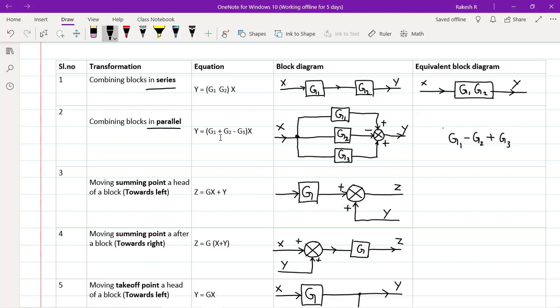Then X is the input here and Y is the output here.